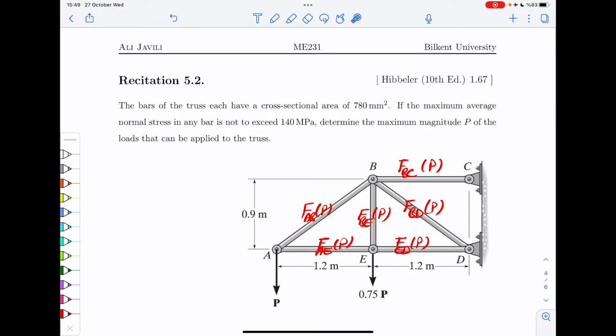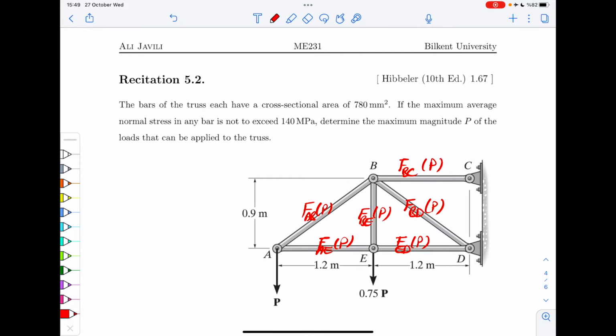So from this point on, what you have is just a simple truss structure analysis. You just calculate these forces using the method of joints. If you remember, it works like this: you start from one of these joints. So I start from joint A, and here you have force FAB and FAE.